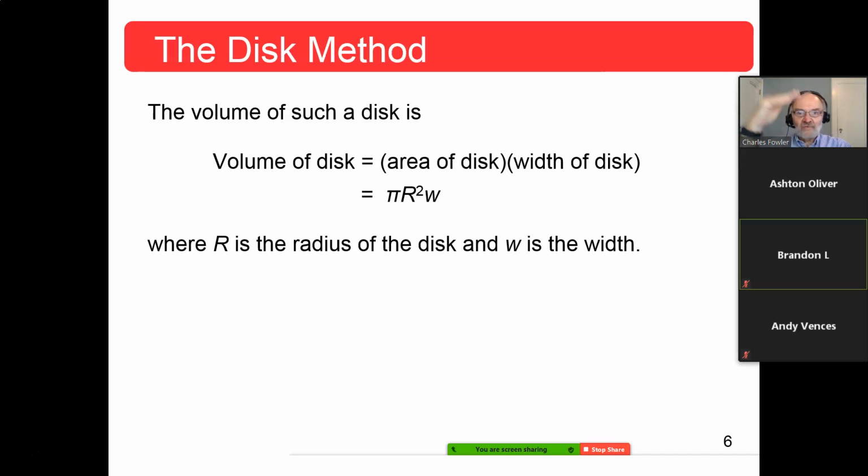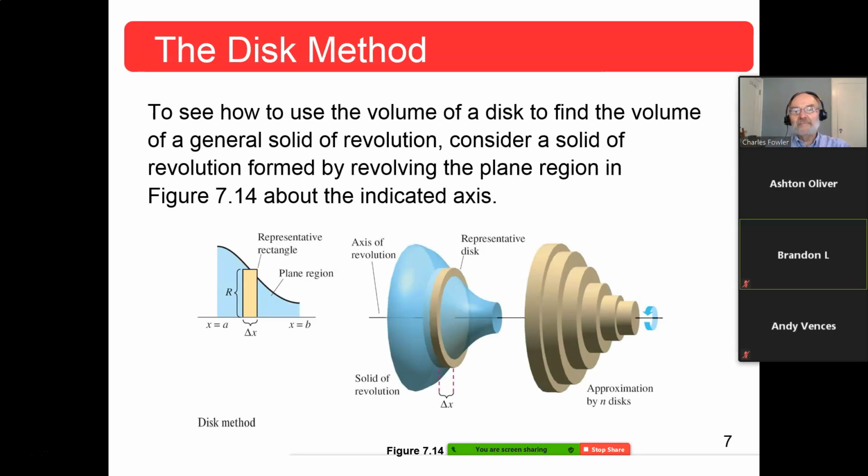Horizontal line revolved around a parallel axis. Okay. Now, to see how to use the volume of a disk to find the volume of a general solid of revolution, consider a solid of revolution formed by revolving the plane region in 714, this right here, about this.